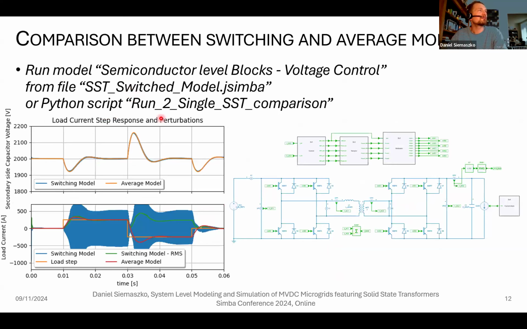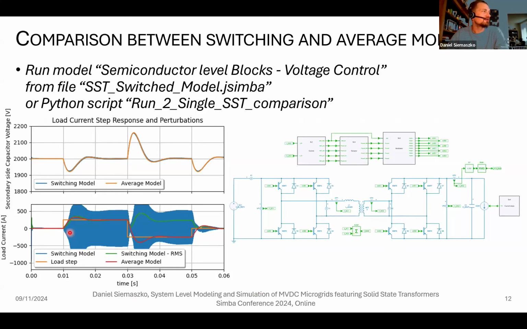You can run this Python script where I have implemented a detailed model of a dual active bridge with a controller, a sampler and a modulator, as it would have been implemented in an FPGA with a 20 nanosecond time step.